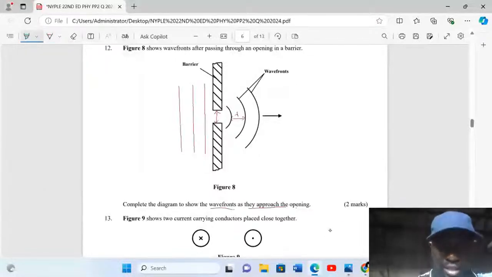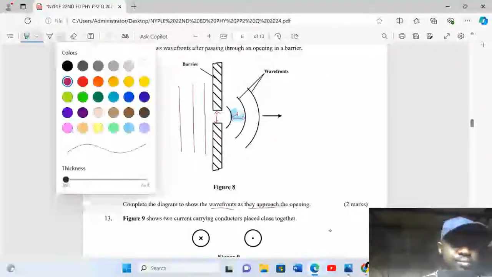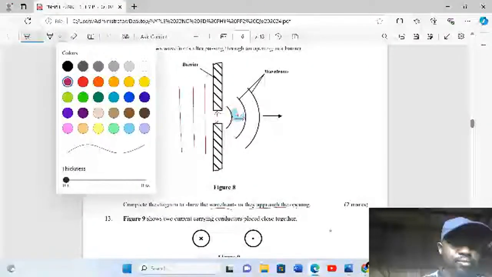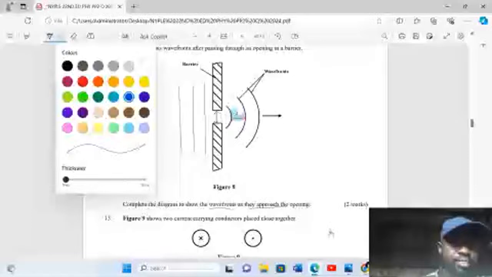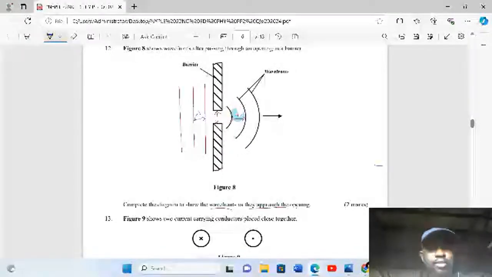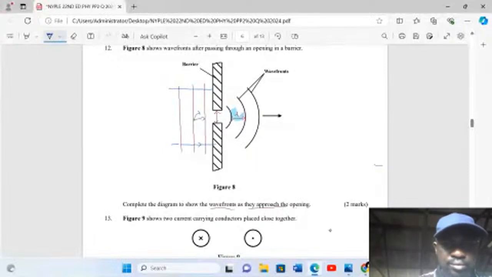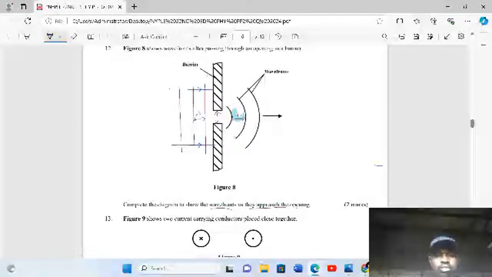If you look at that part, you find that this spacing is almost the same. Then indicate the direction in which they are moving, that is the direction of approach.